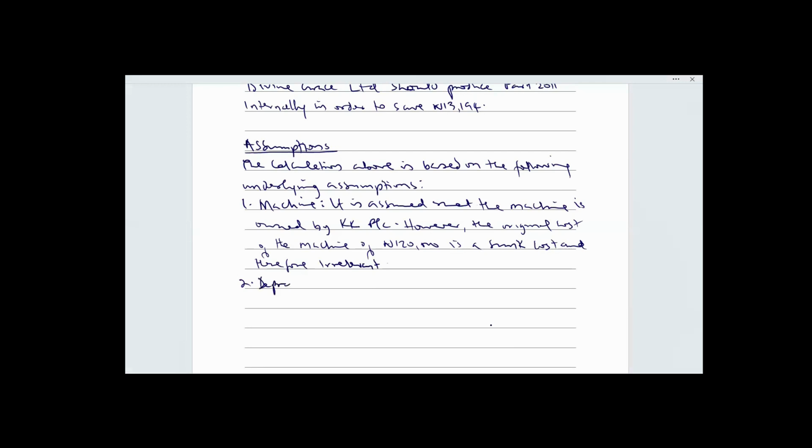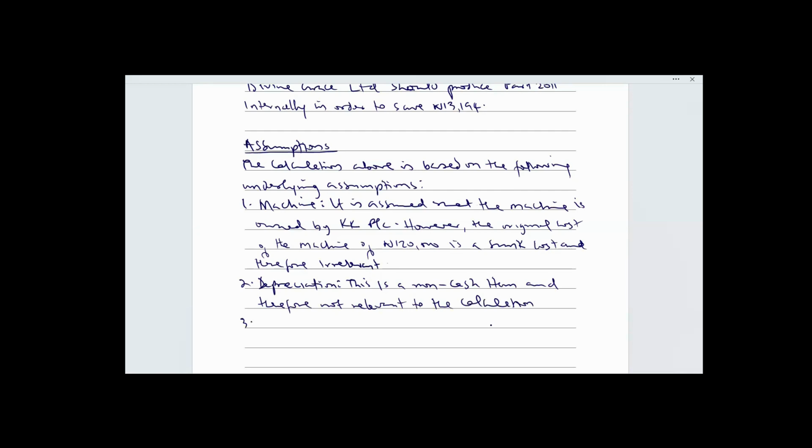Depreciation: this is a non-cash item and therefore not relevant to the calculation.